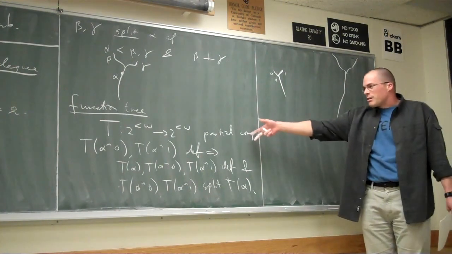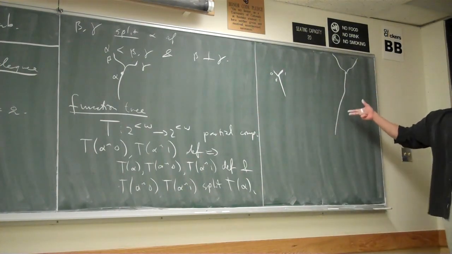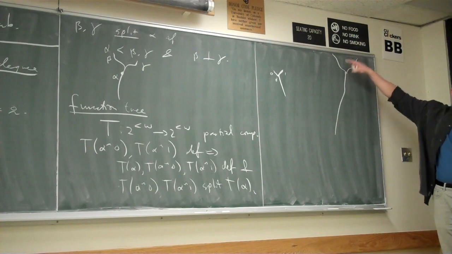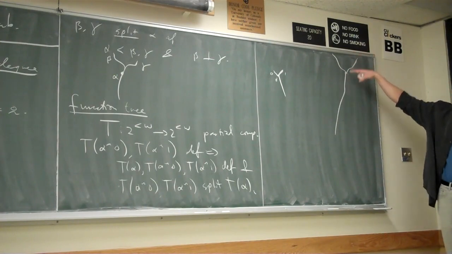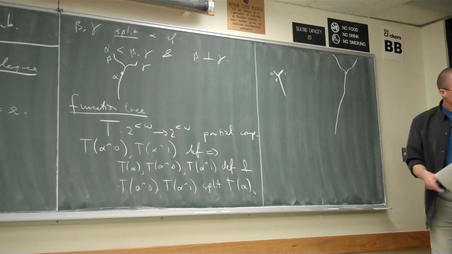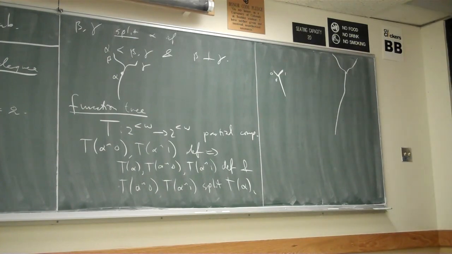So what is this kind of function tree? Well, this function tree is just an ordinary tree, but where you have kept track of exactly all the locations where you split. Couldn't your image split more? My domain is the full binary tree. I'm not sure how you can split more than the full binary tree. But I thought you said it was partial, right?